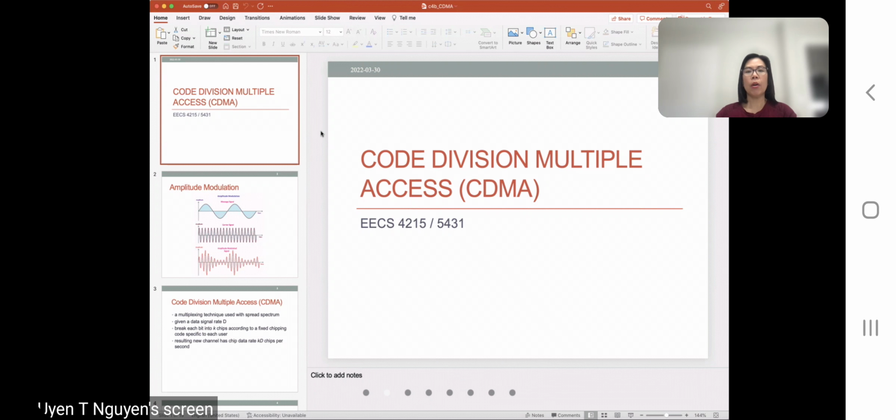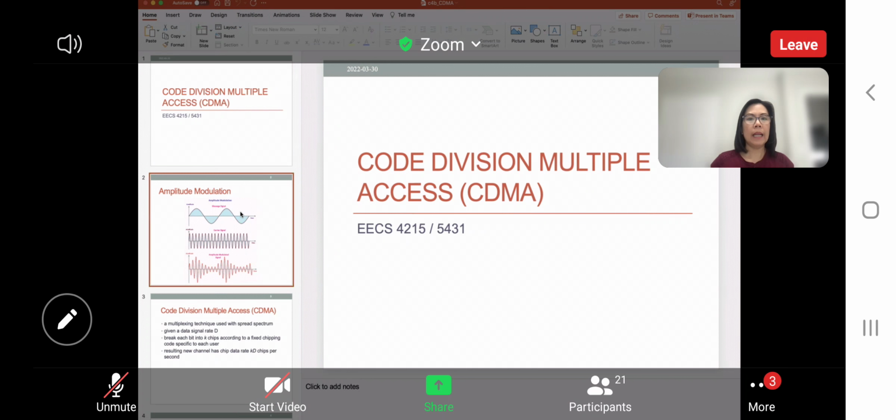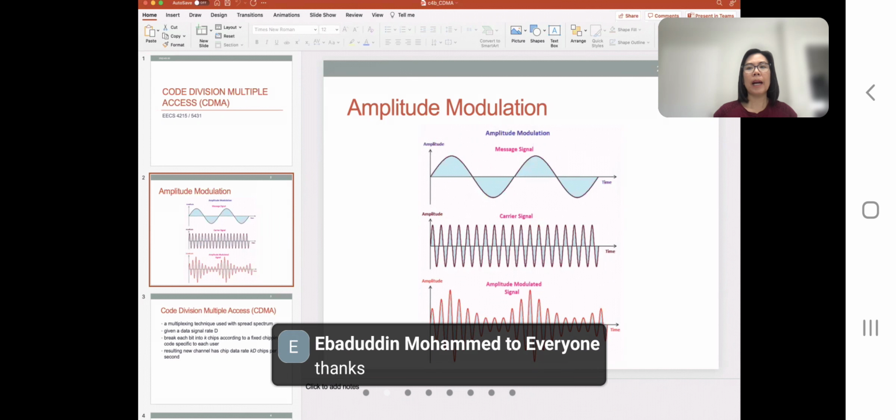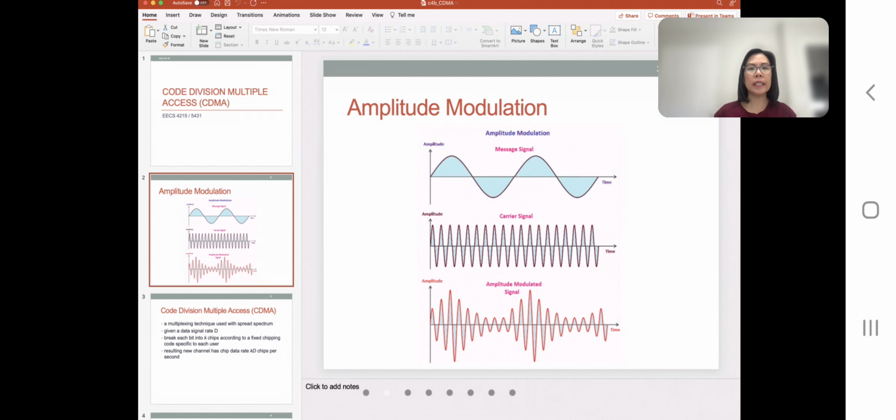All right. So before we go into CDMA, let's review something called amplitude modulation. Just say yes or no in the chat window. Have you learned about amplitude modulation before?